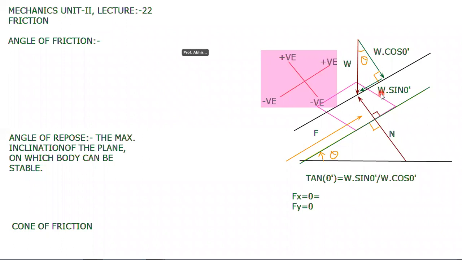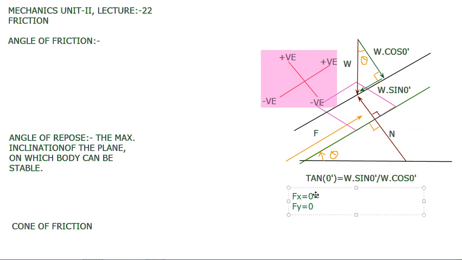So minus W sine theta, and F is in the positive x direction. So minus W sine theta plus F equals 0, and therefore F equals W sine theta.